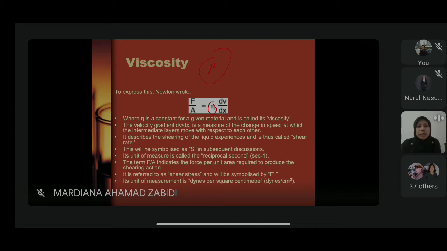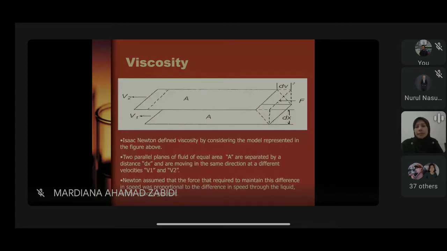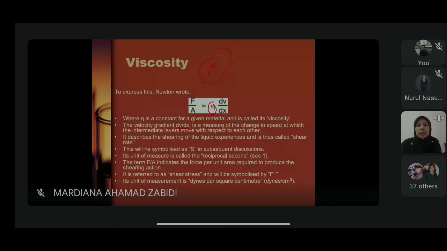So the velocity gradient, which is dV/dx. dV/dx ni you tengok dekat sebelah sini. Okay, slide yang ni, dV/dx is the measurement of the change in terms of the speed by which the intermediate layers will move with respect to each other. Okay, this one describes the shearing of the liquid, whereby it is known as shear rate. Okay, shear rate, whenever we encounter the word rate it is always associated with time.